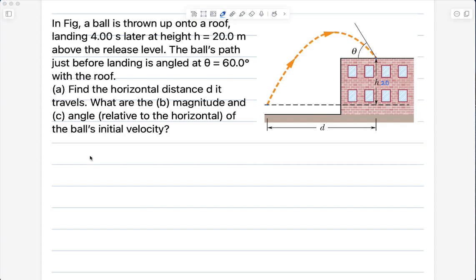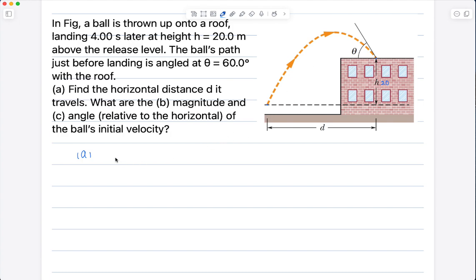So we're going to try this question, first with A. Question A: we want to think in the vertical direction, and this will help us find the horizontal distance of travel. We want to see how long it takes to reach this level.